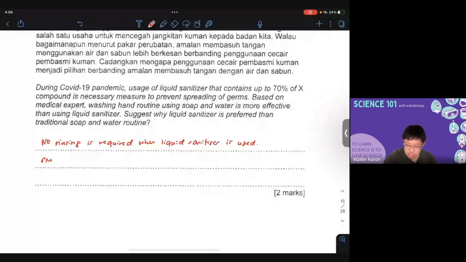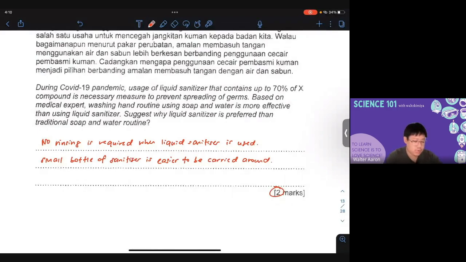Usually a small bottle of sanitizer is easier to be carried around. Then you get 2 marks in total. So it's actually quite interesting.